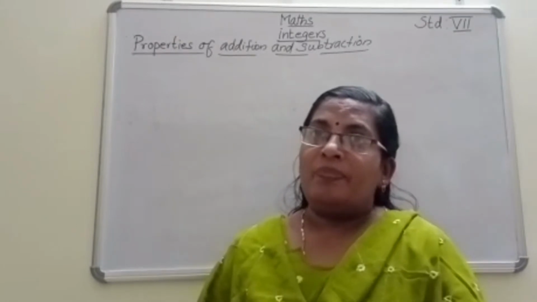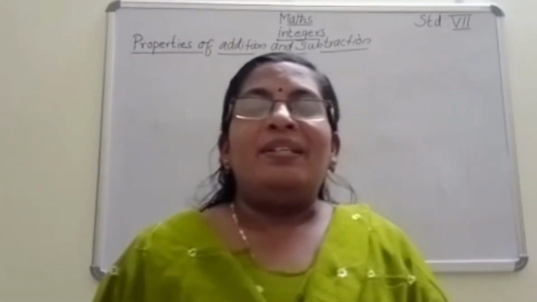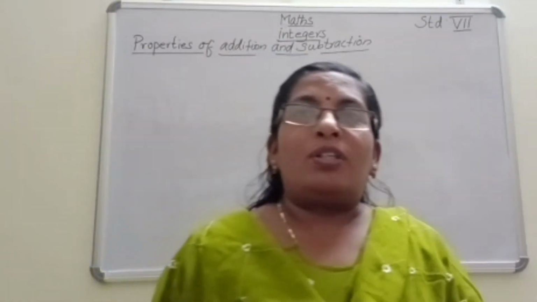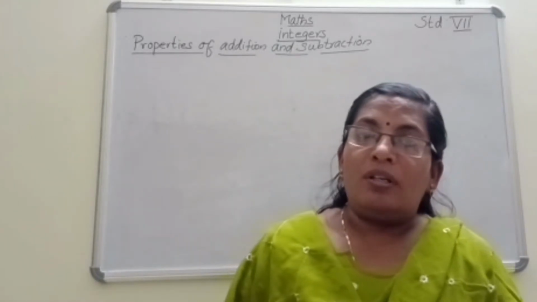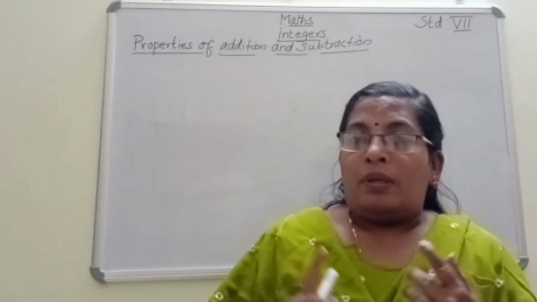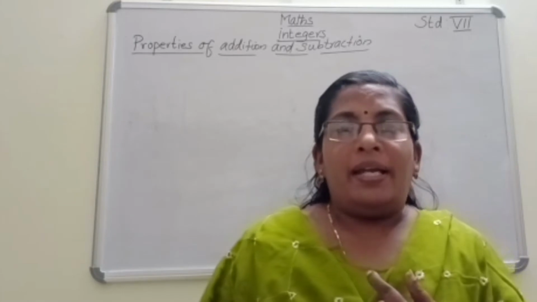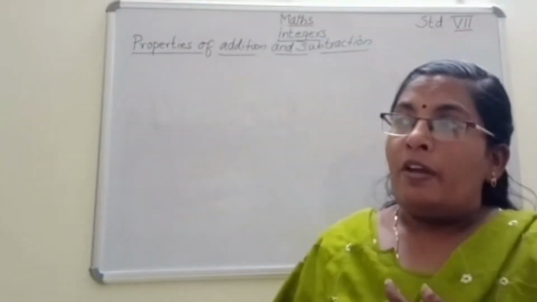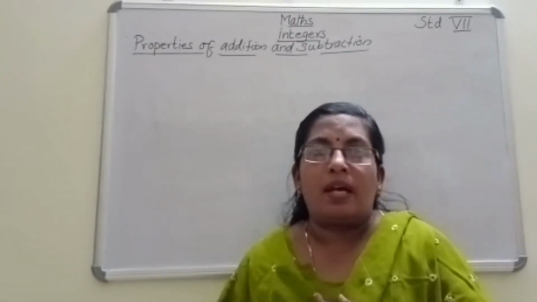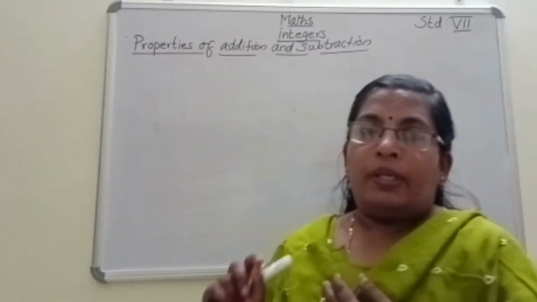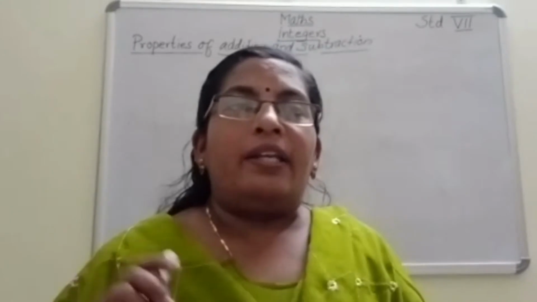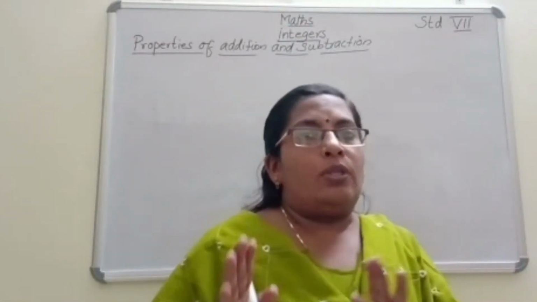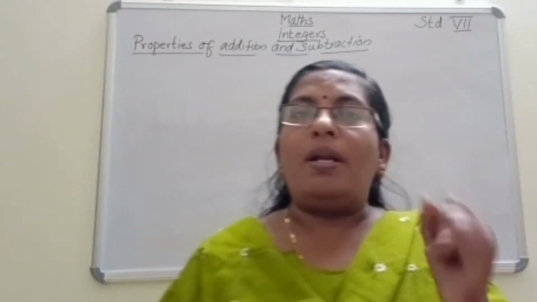We studied integers. Our topic is integers. We studied the rules on the number line and the addition rules. What is the addition rule? When two positive numbers are added, we write the positive sign and add the numbers.